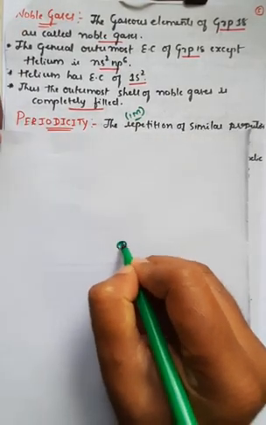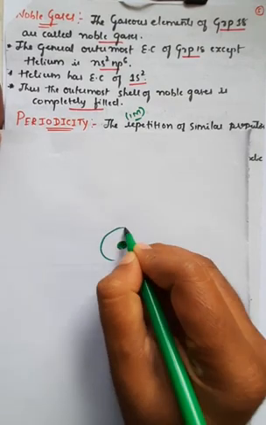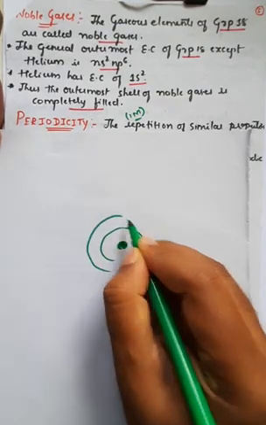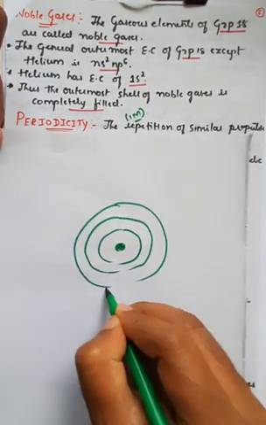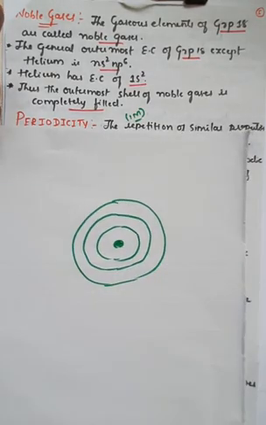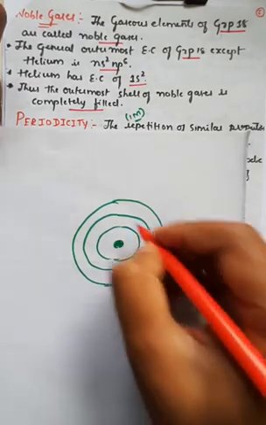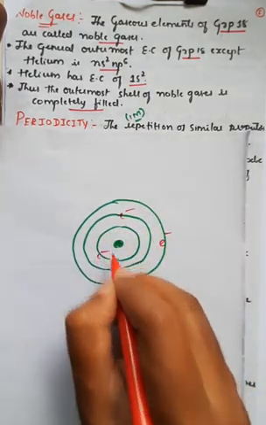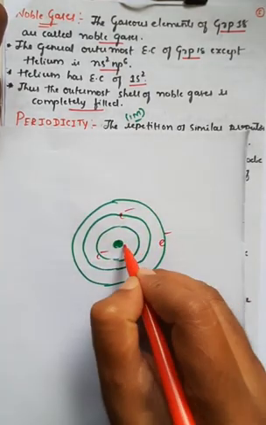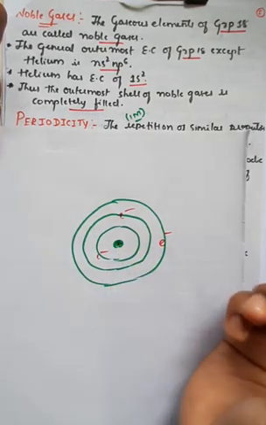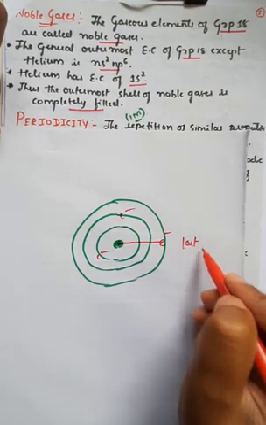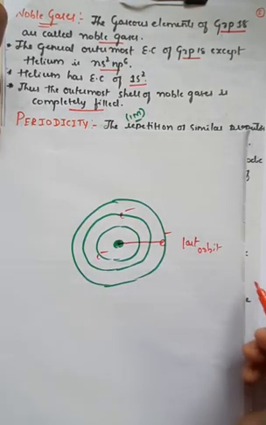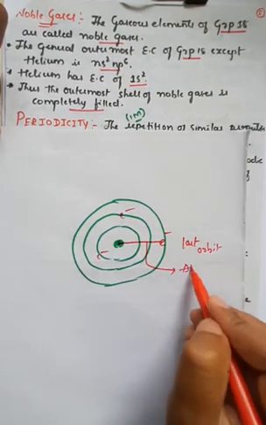If you consider this the nucleus, the electrons revolve around the nucleus, and the electrons are present in different orbitals. The distance between the center of the nucleus and the last orbit is called atomic radius.